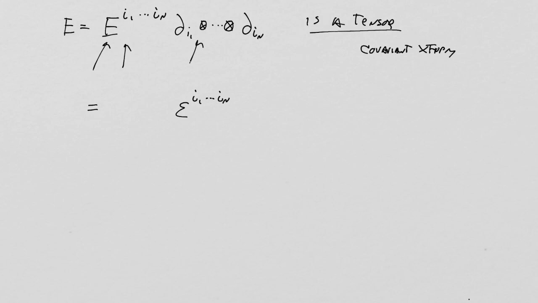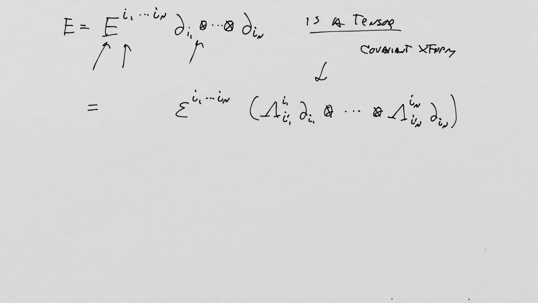And we're going to introduce lambda I1 I prime 1, dot, dot, dot, lambda I n I prime n, phi I n. And these are the transformations of the basis vector of the tensor.